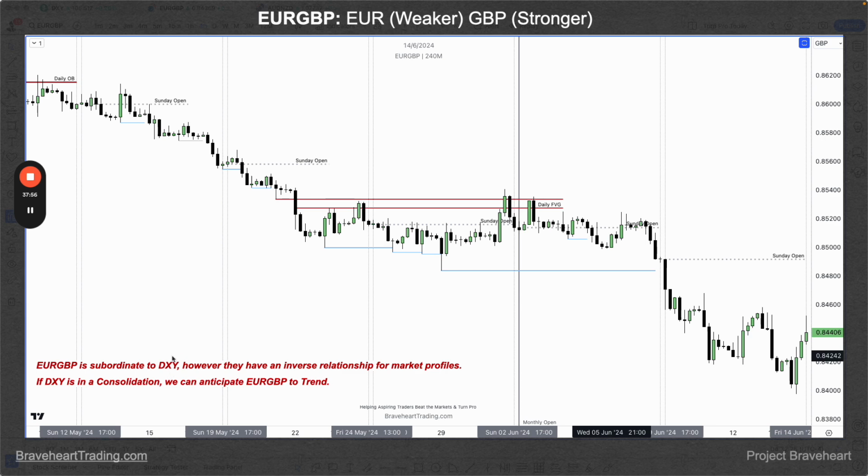So you want to be placing most importance on figuring out, okay, what is the profile for the dollar going to be, since that's the most important. And then if you can figure that out, you will have the answer for euro pound by just understanding that algorithmic relationship. And if dollar index is in a consolidation, we can anticipate euro pound a trend. So that's just the relationship, right? And vice versa.